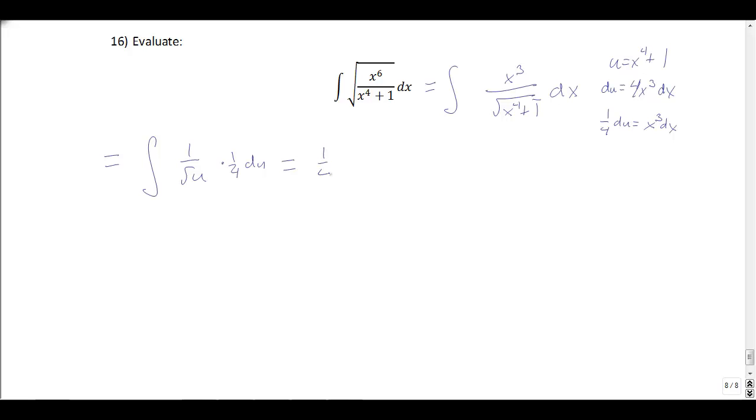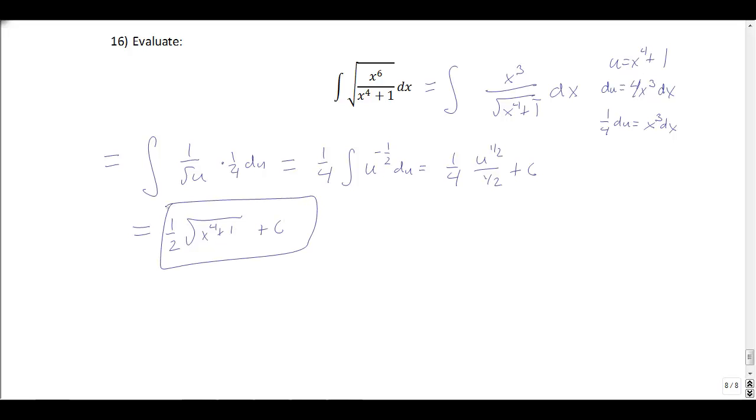Let's just write it out: 1/4 times u to the negative 1/2 du. Add 1 to negative 1/2 gives me positive 1/2, over 1/2, plus c. So 2 over 4 gives me 1/2 u to the 1/2, that's the square root of u, but u is x to the 4th plus 1, plus c.